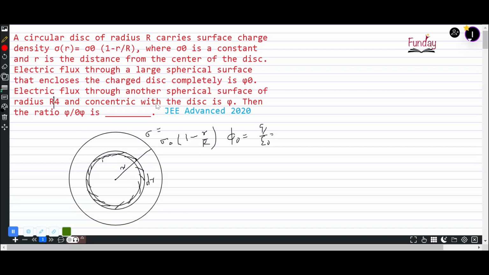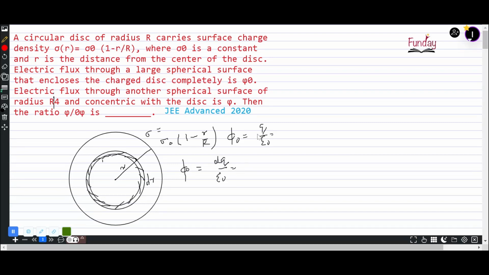And what they are saying is that in a scenario wherein we put this in a sphere which has radius R by 4, then we have flux phi. So phi will be dq over epsilon 0.